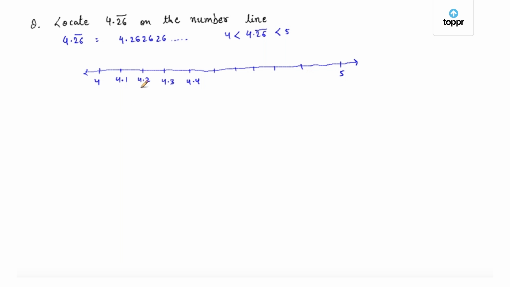Now, we know that 4.26 bar lies between 4.2 and 4.3.